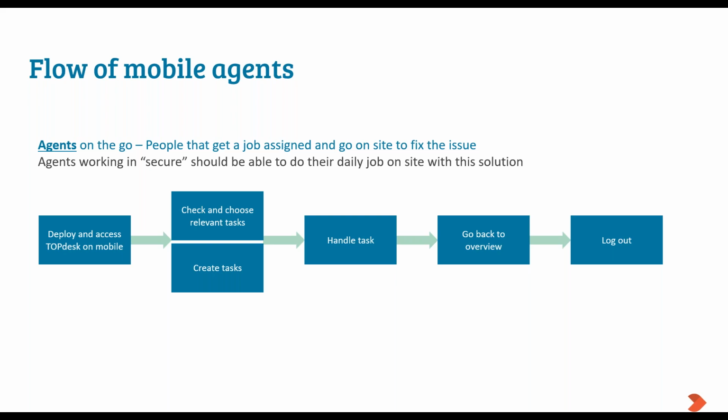They handle the task, so they solve the incident, or they do the maintenance, or solve the change. And then they go back to the overview, see what's on the location that needs to be done, and then log out. What we want is that these people are able to do their daily job on site with this solution. So that was the aim we have for the project.